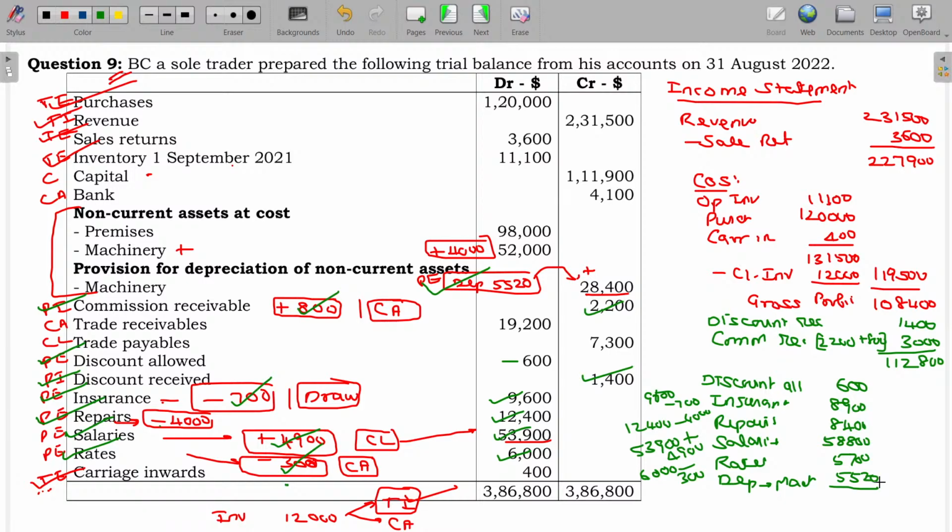All these expenses put together, totaling 87,920, are subtracted from your total income. You will get the profit for the year. Okay, profit for the year 24,880. Clear?